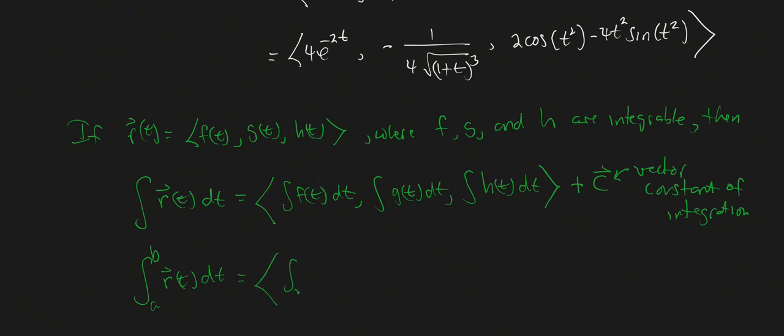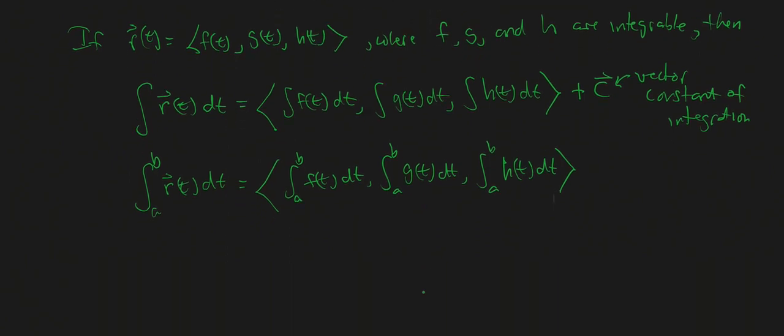So this is the integral from a to b of f of t dt, the integral from a to b of g of t dt, and the integral from a to b of h of t dt, right? And this is going to be a number, right? So let's do one example just to wrap this up, and I'll use the same function.